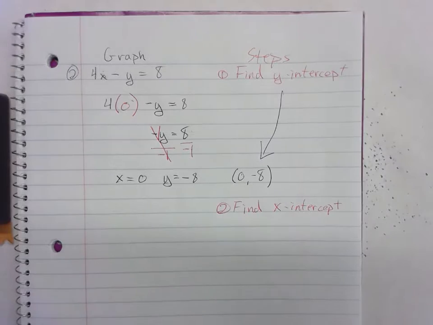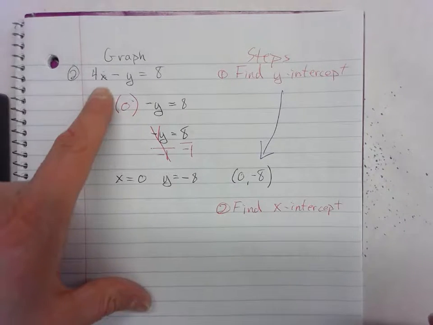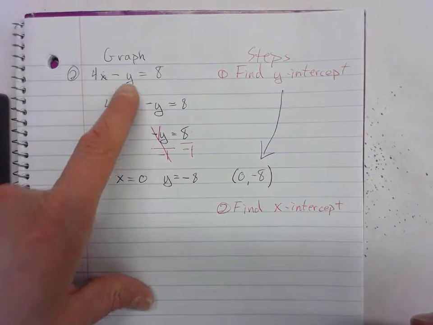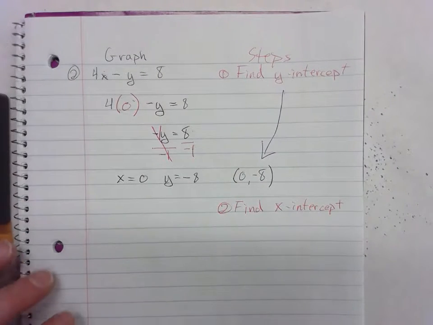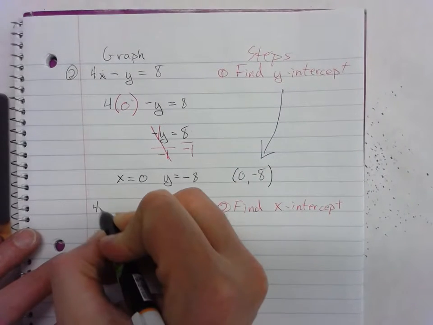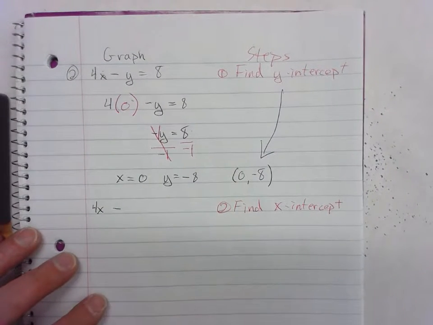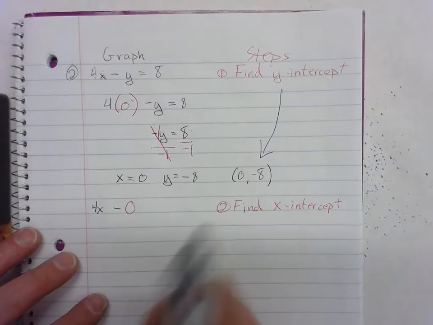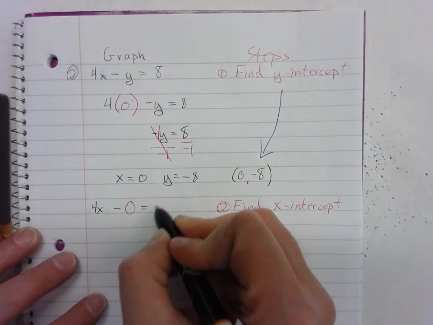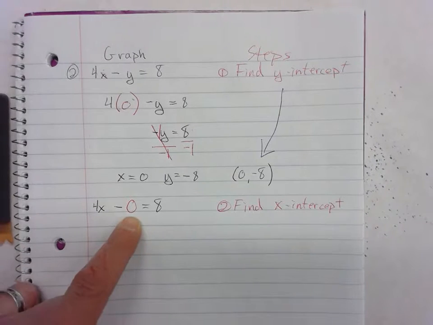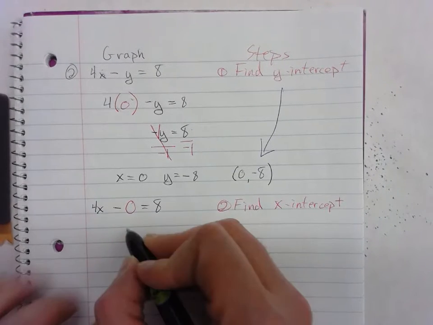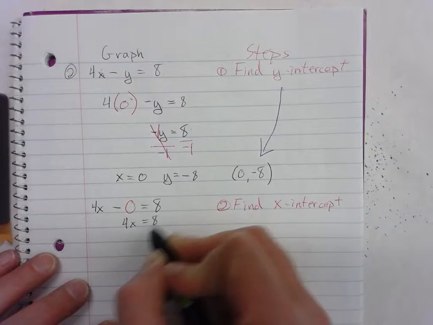And so rather than replacing our x with 0, we're going to replace our y with 0. So it's going to end up being 4x minus 0 is equal to 8. So minus 0, that's just going to go away, leaving us with 4x equals 8.